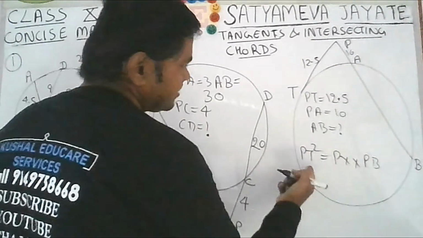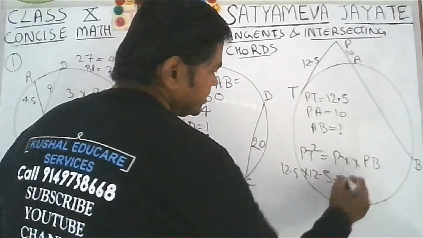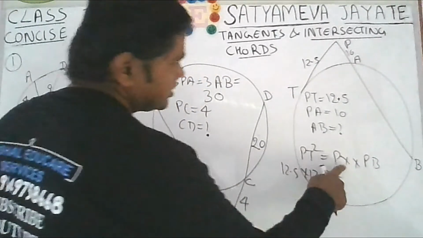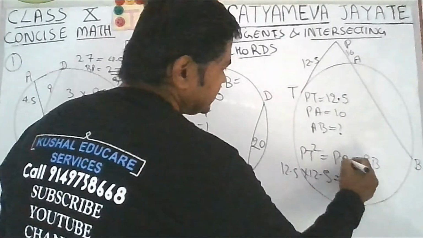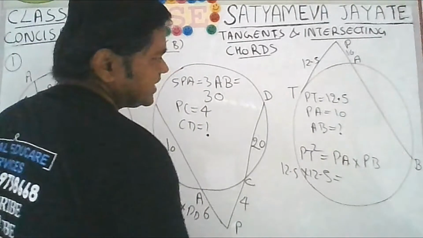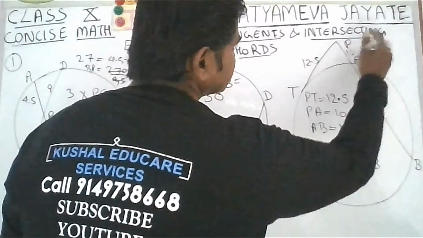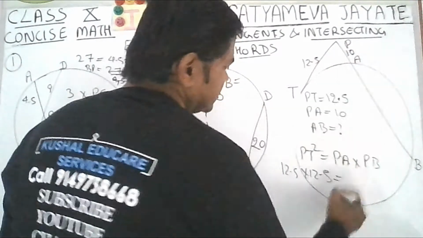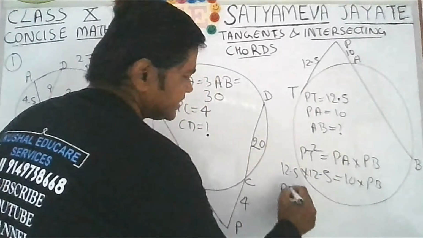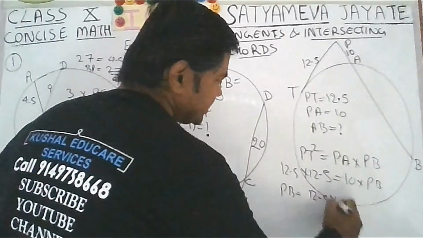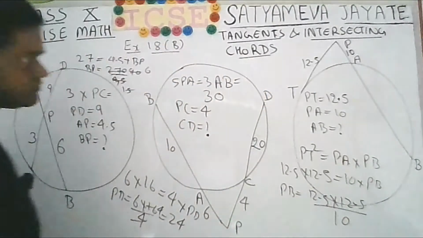So from here PT is 12.5, so it will be 12.5 into 12.5. It will be equal to, sorry, this is PA, into PB. So PA is 10. This is not 16, it is 10. This will be equal to 10 times PB. That means PB will be equal to 12.5 into 12.5 divided by 10.